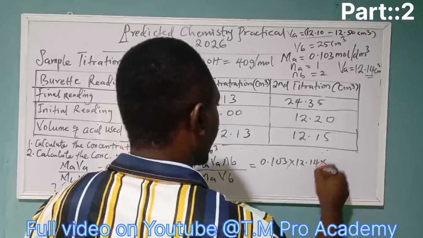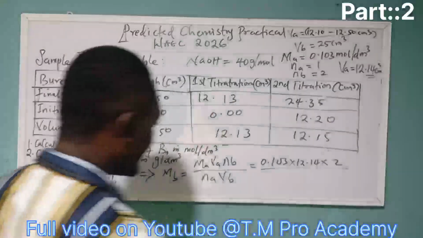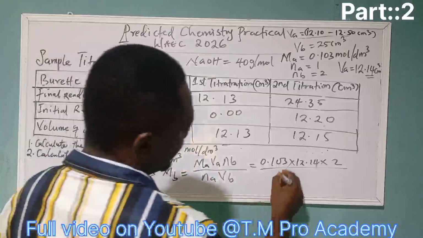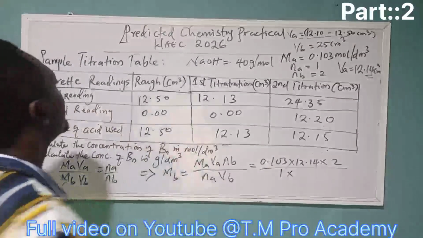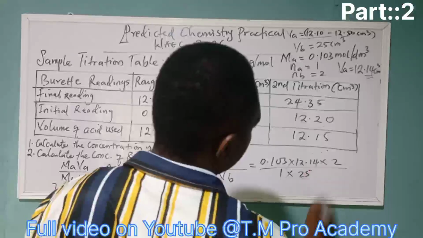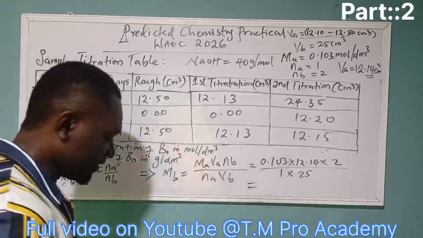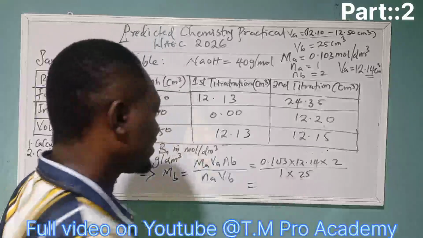Then times NB, which is 2, all divided by NA, 1, VB, volume of the pipette used, 25 centimeters cube, or volume of the base, right? So let's multiply this and divide it by 25, because 1 times 25 is 25.